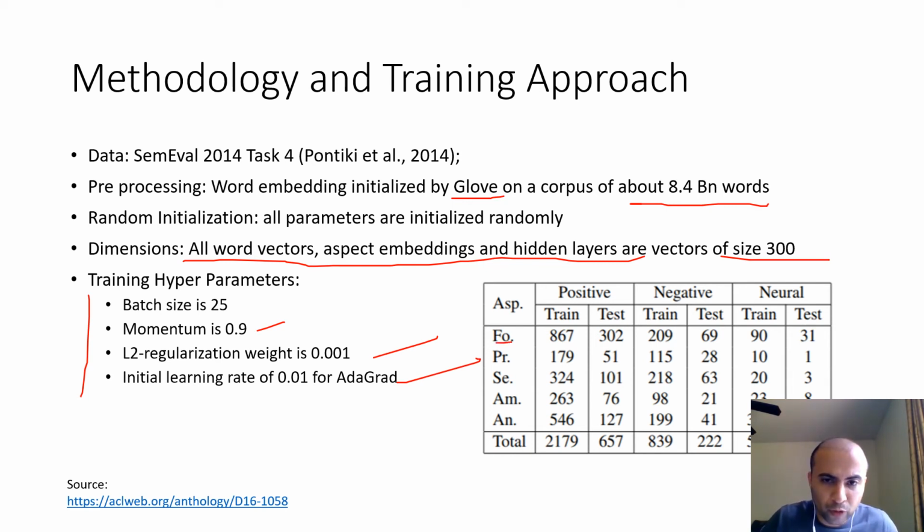FO stands for food aspect, PR is price, SE is service, AM is ambience, and AN is anecdotal or miscellaneous. So from the SEMEVAL data, the restaurant information had these kinds of aspect level labels, which were used for the authors' research.